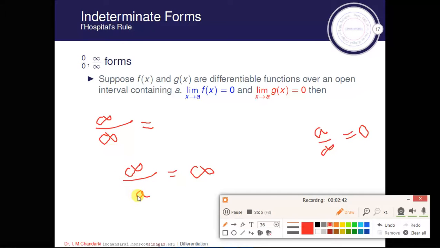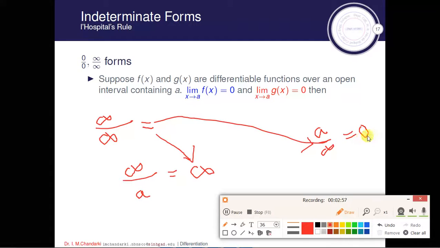If I replace a by infinity in this and again a by infinity in that, we get infinity by infinity, which is equal to infinity, and also infinity by infinity, which is 0. So one form is having two values, which is impossible, and that is why we call it an indeterminate form.